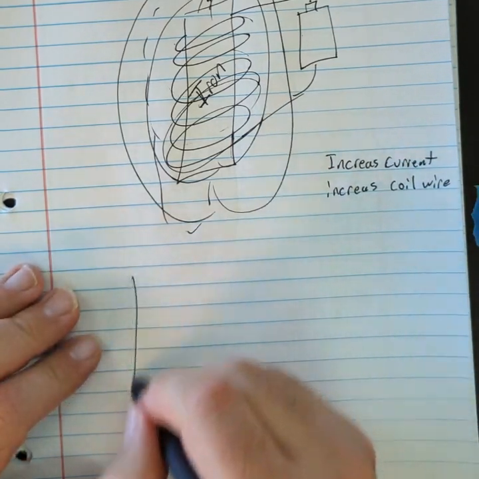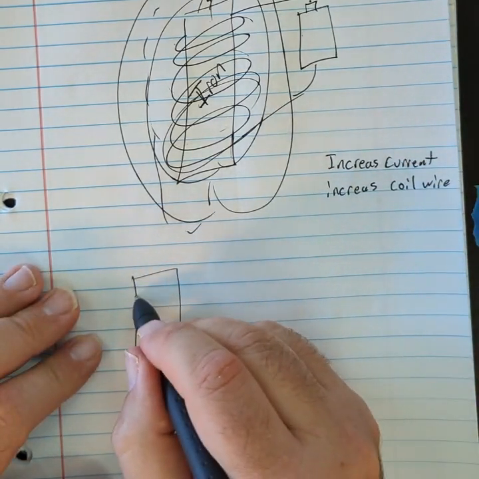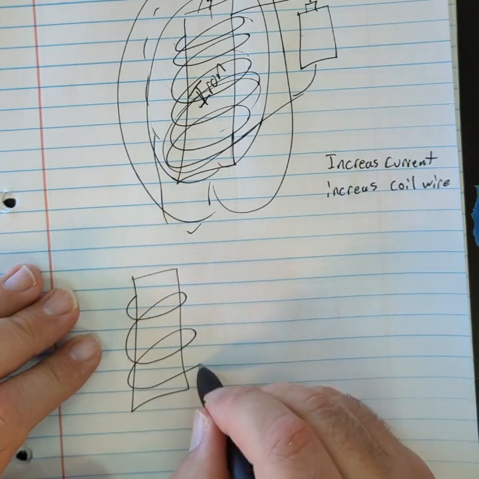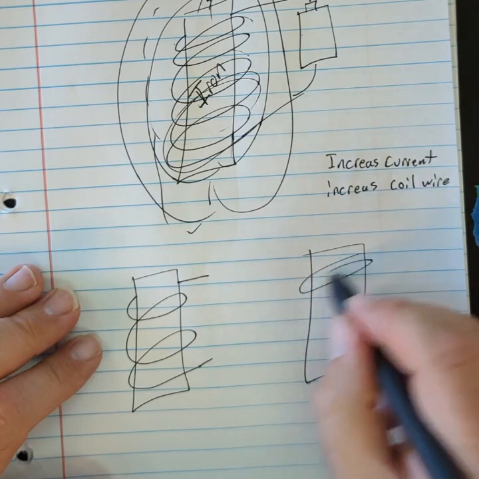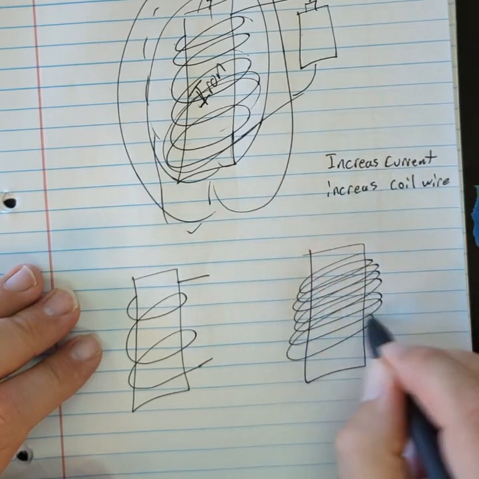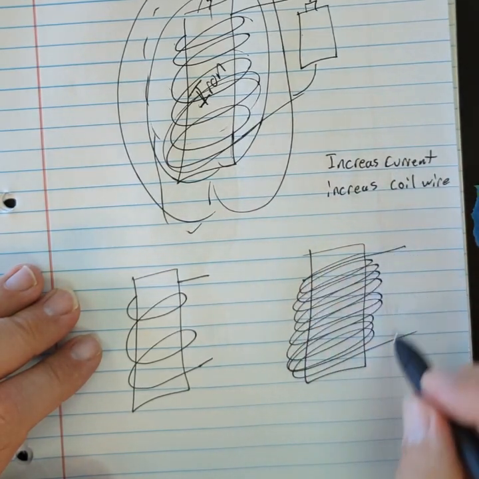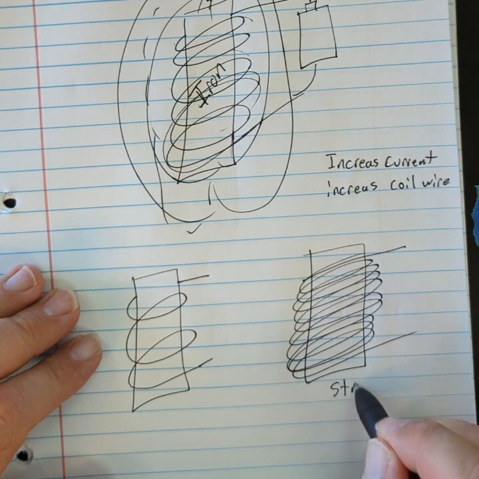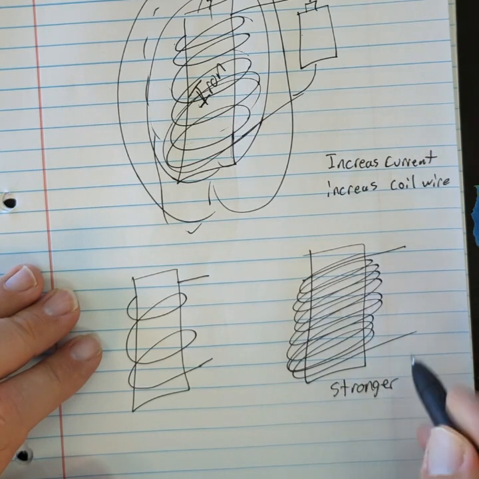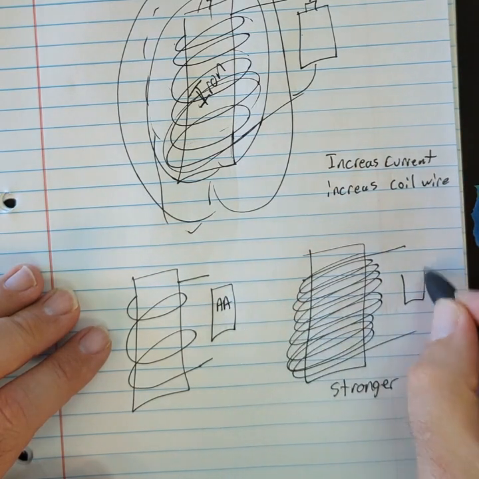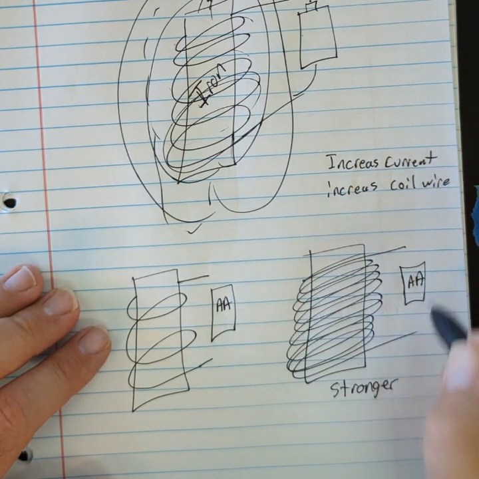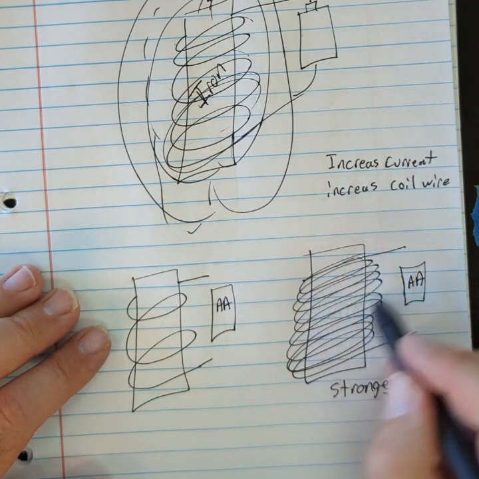So if you had two electromagnets and one looked like this and the other one looked like this, this one has more coils, this will be a stronger magnet. Even with the same battery, you have a double A battery here and you have a double A battery here, this will still be a stronger magnet because it has more coils of wire.